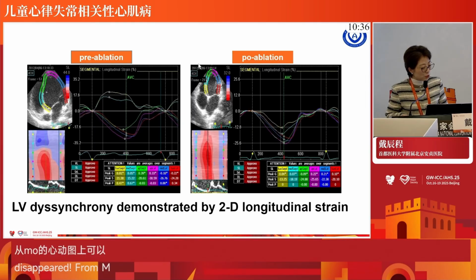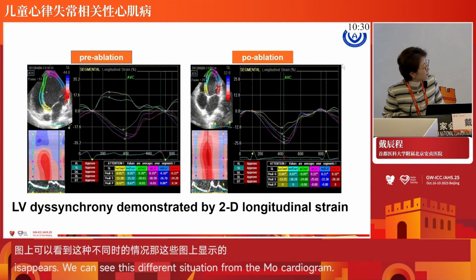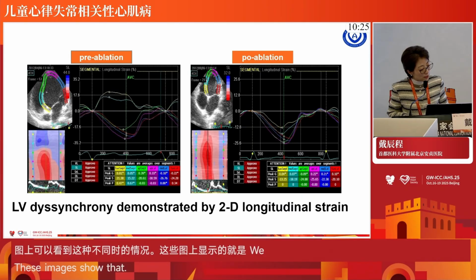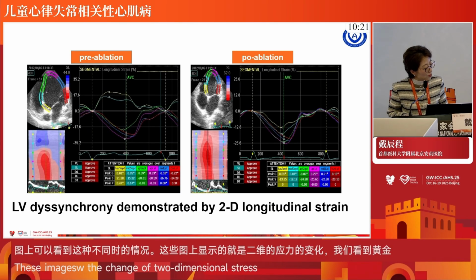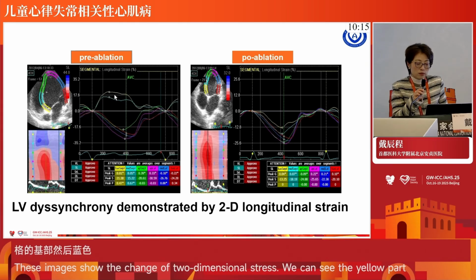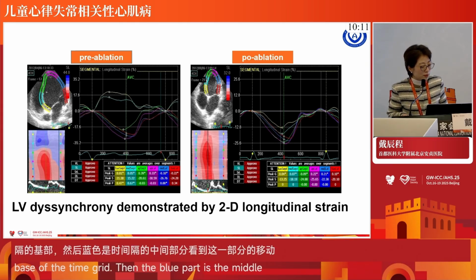And this picture shows the results of 2D strain. We can see the yellow one shows the basal segment, and the blue one shows the middle segment of the IVS. We can see these two segments moved in the opposite direction with other segments.